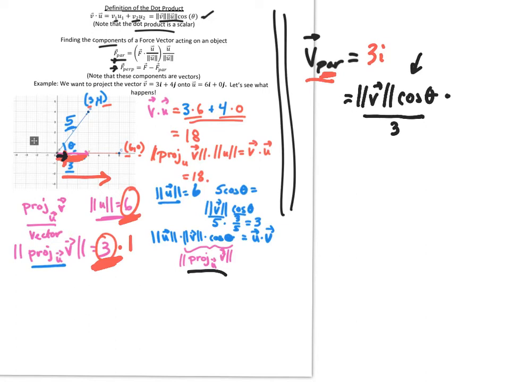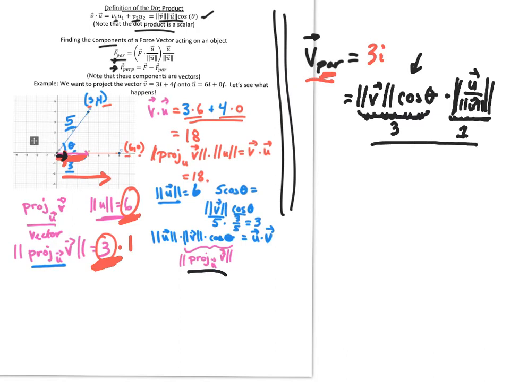That's what I really want to multiply by. So this thing that I'm going to multiply by has to have a value of 1. Well, what vector is in the direction of u that also has a magnitude of 1? Well, that's the unit vector. So I'm going to take that and divide by the magnitude of u, and then I'm going to use the magnitude again to get that 1.